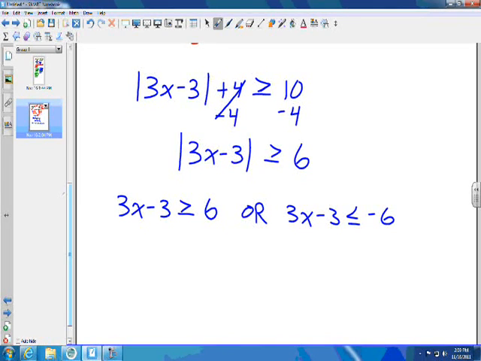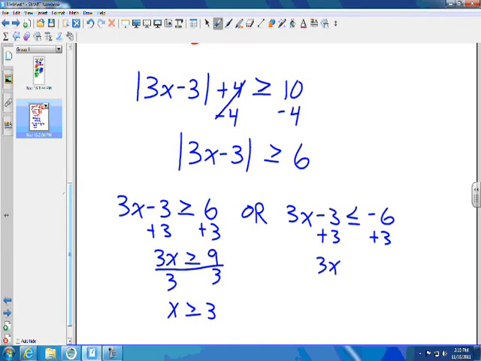Solve them both. What do we do first on the left one? Add 3. Add 3. So 3x is greater than or equal to 9. X is greater than or equal to 3. Over here, you do the same steps, just get a different answer. 3x is less than or equal to negative 3.